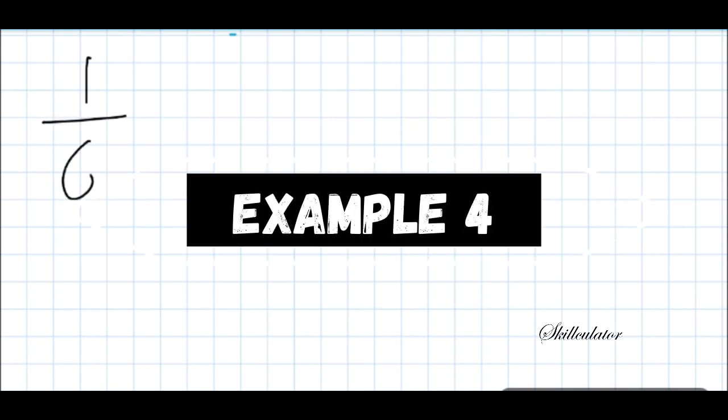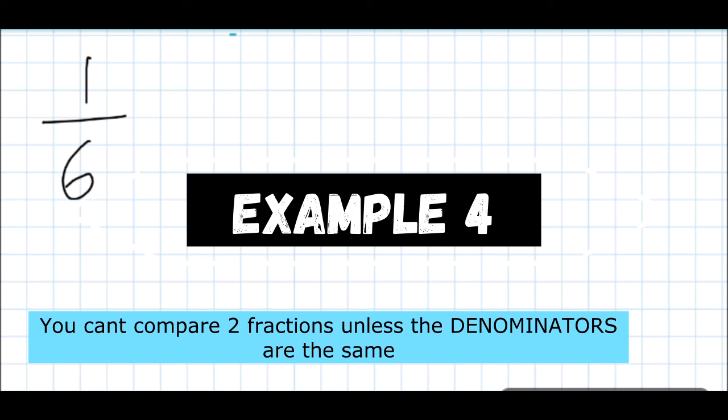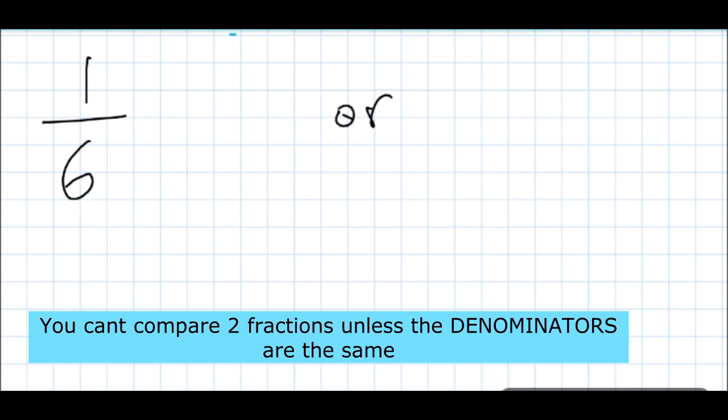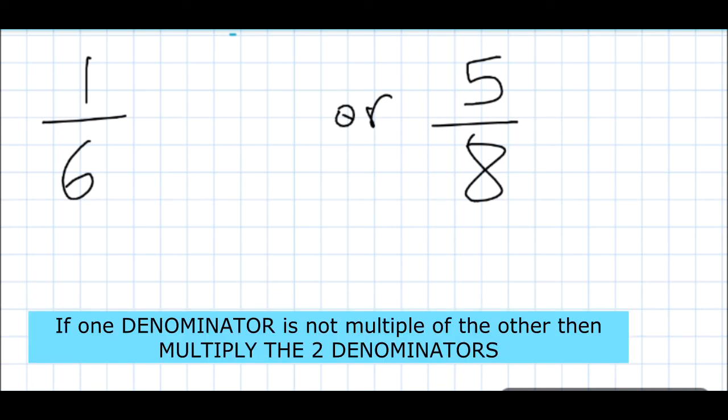If you're comparing 1 over 6, right? 1 over 6 or 5 over 8. Okay. I chose an example that's slightly messier than the first examples, actually the first 3 examples we looked at.